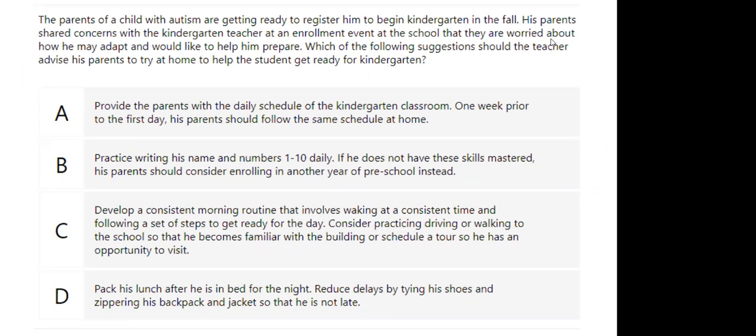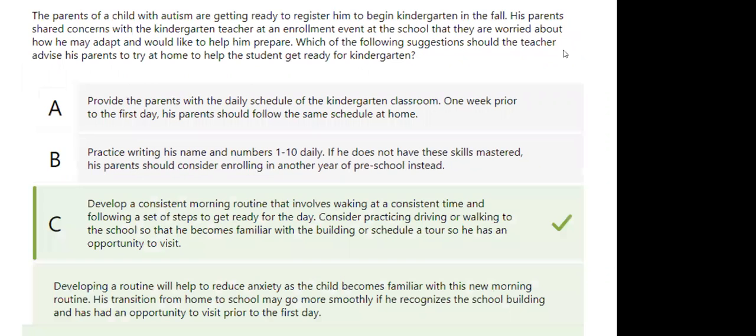Let's look at this question. I'll give you a moment to read this question and to choose a correct answer. Oh, I'm so sorry. I didn't mean to go that quickly. That was my fault. But you see the correct answer.